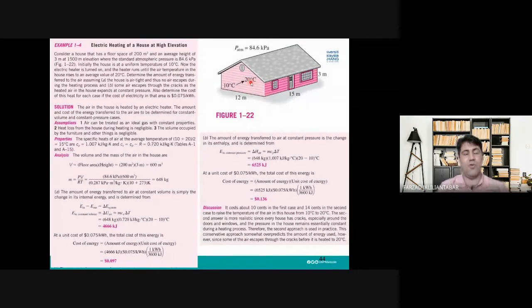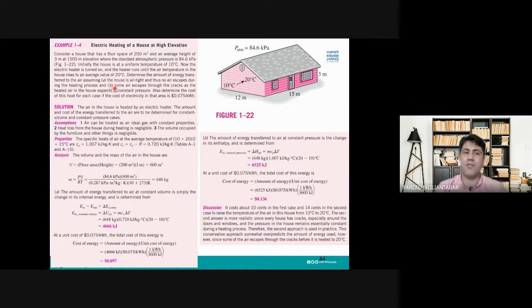And the volume of the air inside the house remains constant during this heat transfer process. We have increasing the temperature of the air inside the house due to the heat transfer between the heater and the air inside the house. So if the volume doesn't change, it means this heat transfer process in part A is a constant volume process.